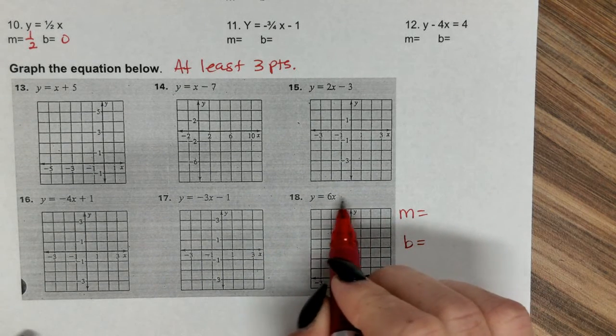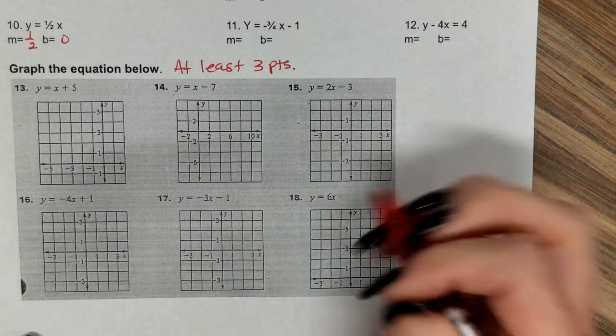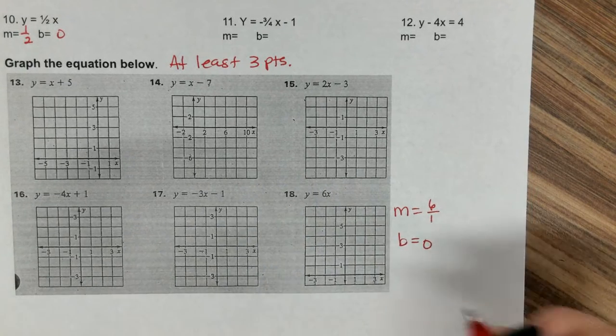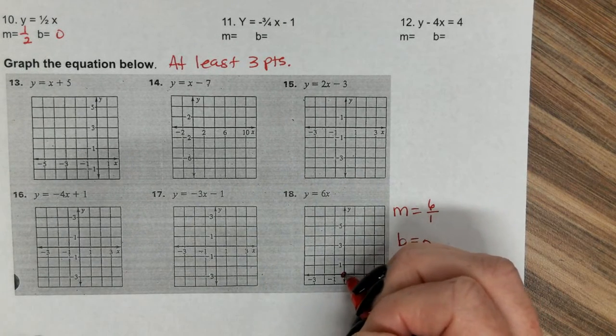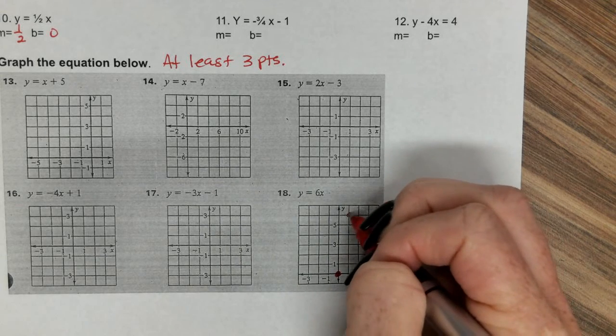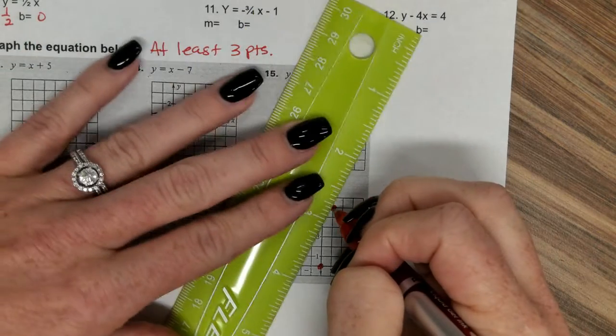What is the y-intercept if there's nothing there? 0. What is the slope? 6 over 1. So I go to 0, I put a dot. I'm going to rise up 6 and right 1. Do you see why I can only put 2 dots on that one? That's all that will fit. And I must connect my dots.